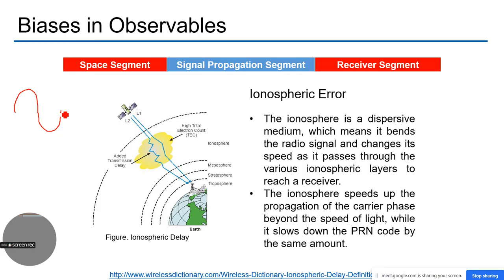Now this is another wave. So this is one wavelength, this is another wavelength. Your satellite is over here and your receiver is somewhere here. To reach the receiver, the signal will go like this and arrive at the receiver over here.